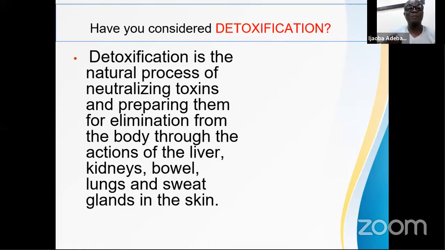It's the natural process of neutralizing toxin and preparing them for elimination from the body through the action of the liver. That is the major organ that brings about detoxification, because every 3 minutes, the liver sends some chemicals, such as even the bile, into the bloodstream, to neutralize toxin from your system.